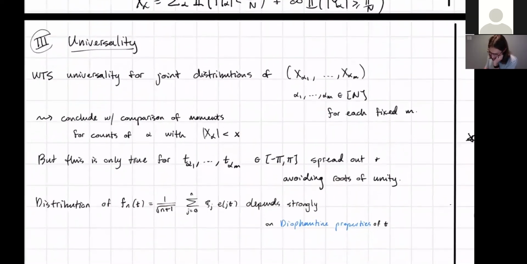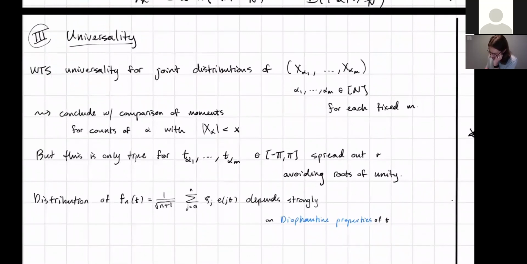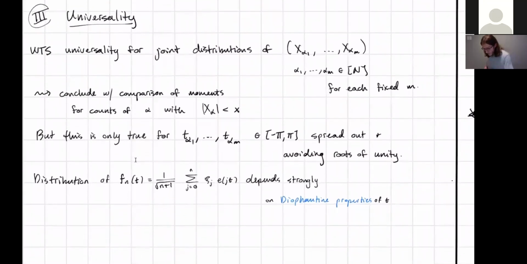In the final few minutes, I want to say a bit about what we then do for the universality. This problem is somewhat orthogonal. To get the distribution of the lowest point, the closest point to the origin, we'll fix a small level and count how many points get below that level.